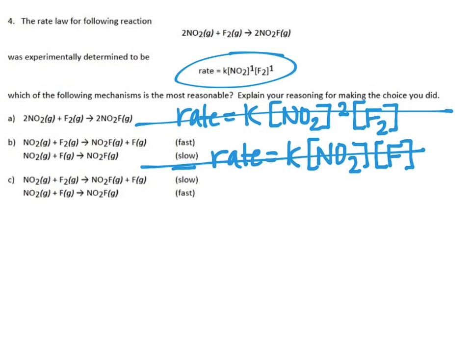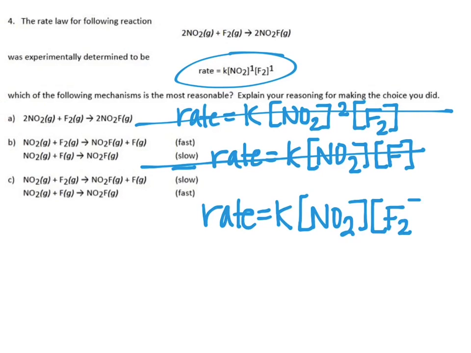Then if we go to the next one, rate is equal to K NO2 to the first power times F2 to the first power. Does that look like it? That would be yes. That would be our reasoning. Why are we looking at the slow one? Because you're only as fast as your weakest link, or the slowest car in front of you.